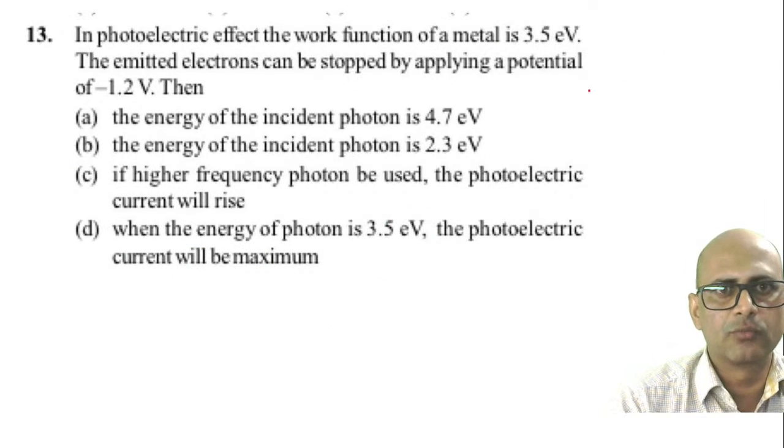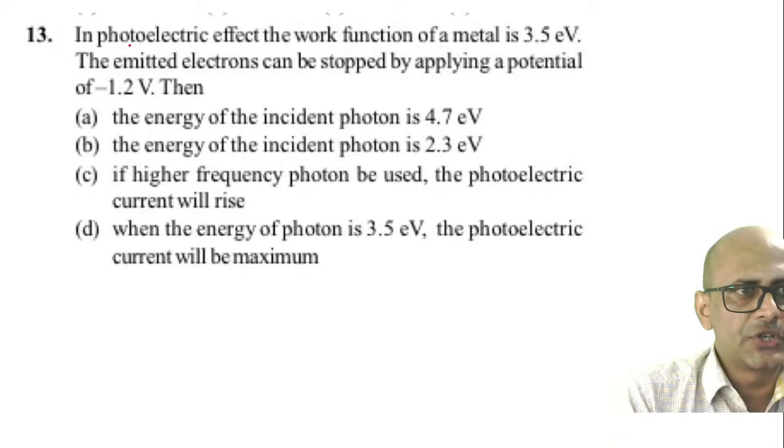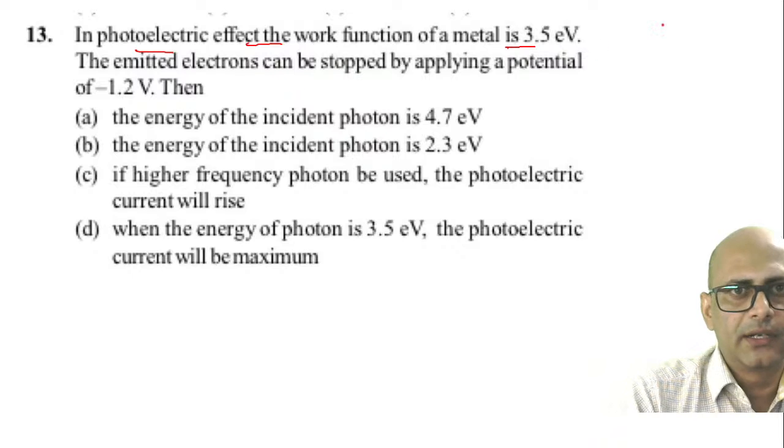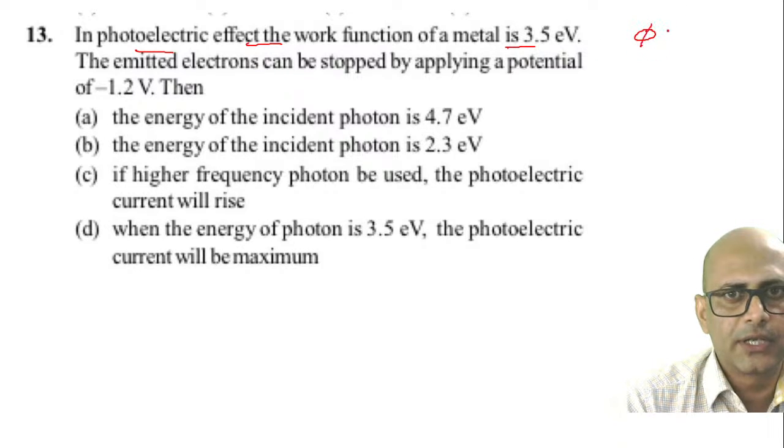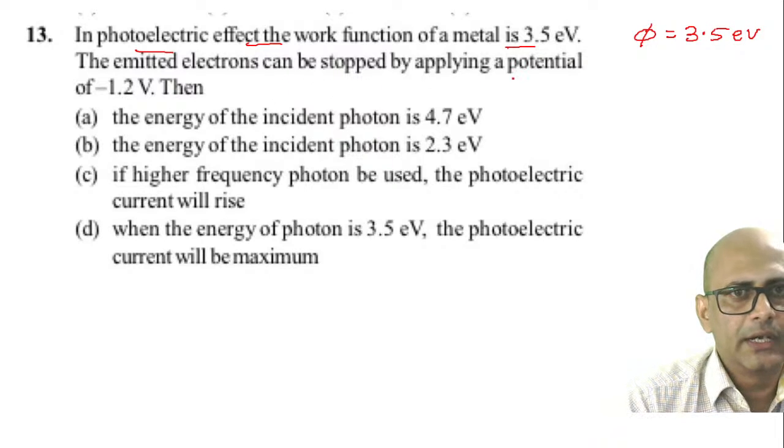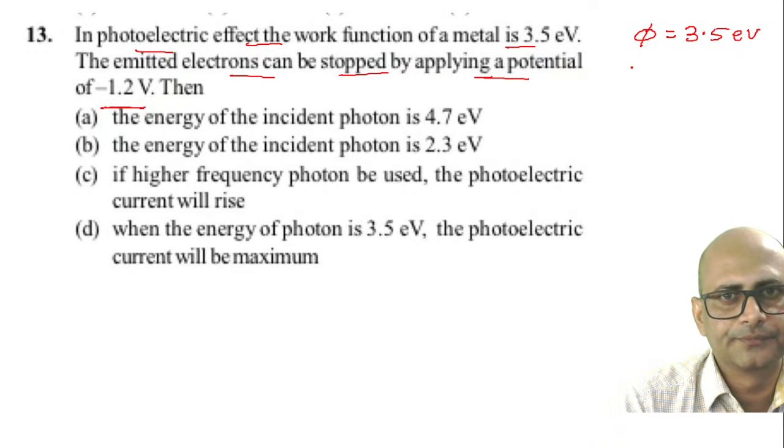Now the third question. In the photoelectric effect, the work function of a metal is 3.5 electron volt. The electrons can be stopped by applying a potential of minus 1.2 volt.